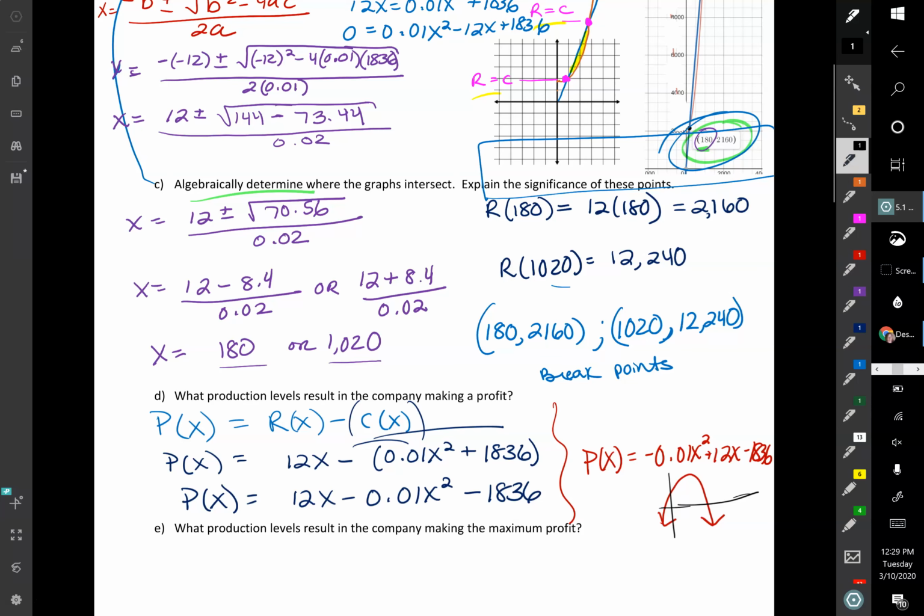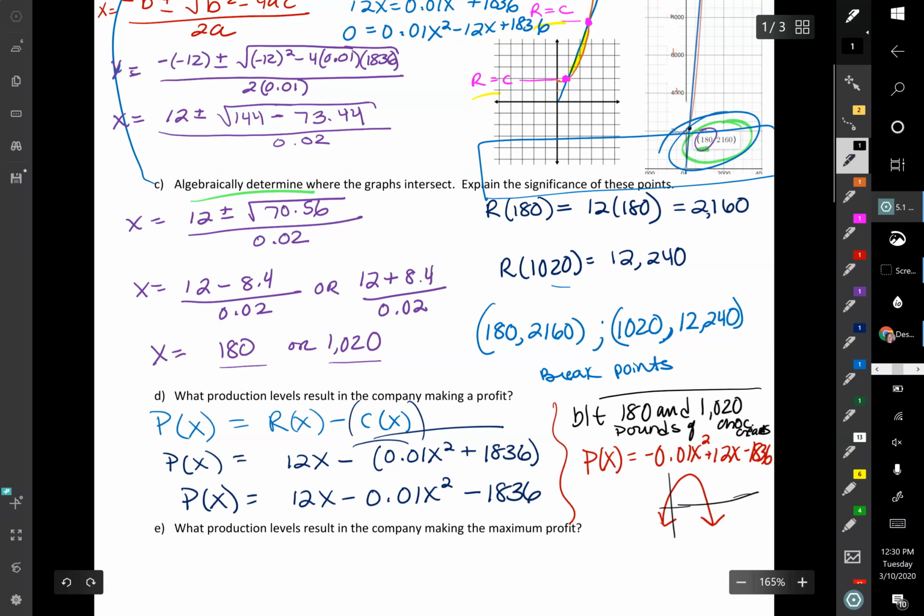I'll write it right here: between 180 and 1,020 items, or is it number of pounds of chocolate, chocolate creams. Okay, so we have to be somewhere in that.